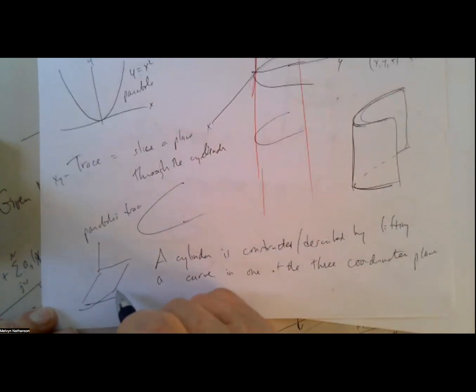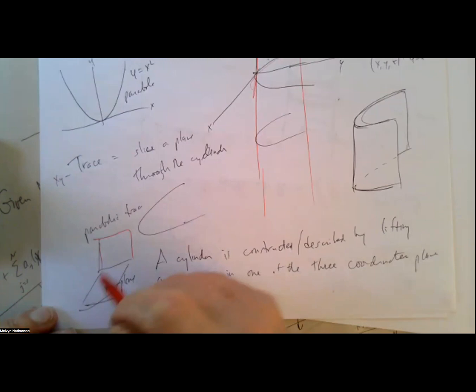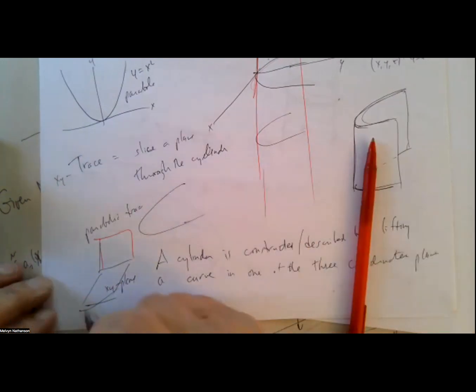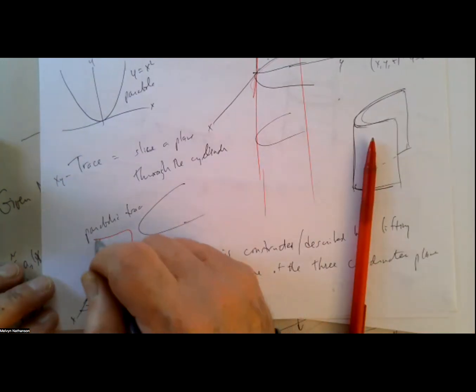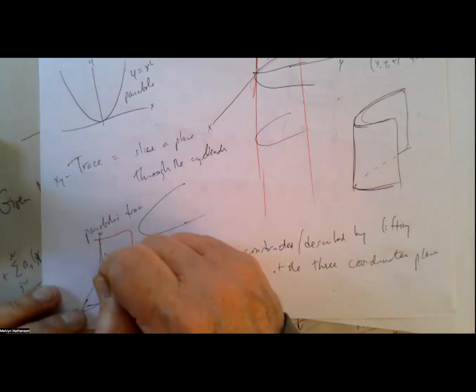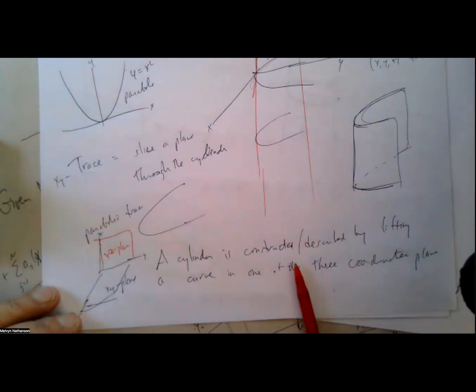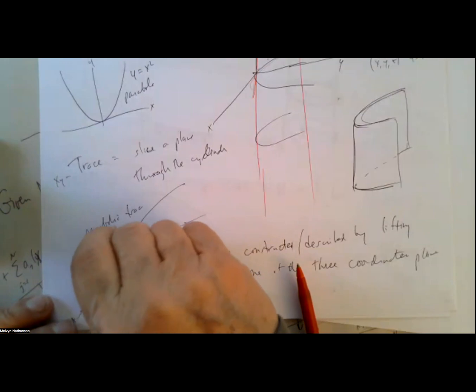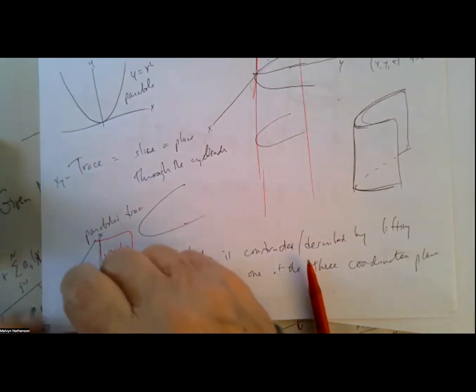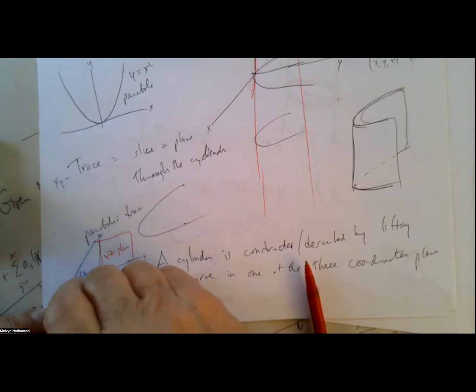You have the XY plane. Let's see, this is X, this is Y, this is Z. This is the YZ plane. This is the XZ plane. You have the three coordinate planes.